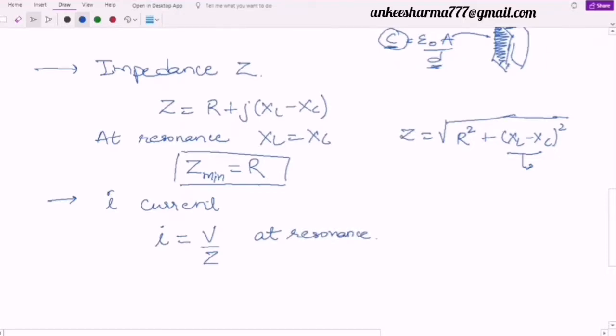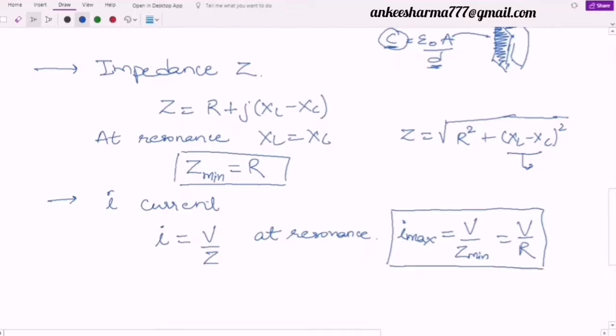There is no change in V, but you said at resonance Z will get a minimum value equal to R. So can I say at resonance I will have the maximum value, because Z is in the denominator? So I will have the maximum value that is equal to V by Z minimum, or simply equal to V by R. So you will find the current obtained from the circuit is maximum at resonance. Is it clear?